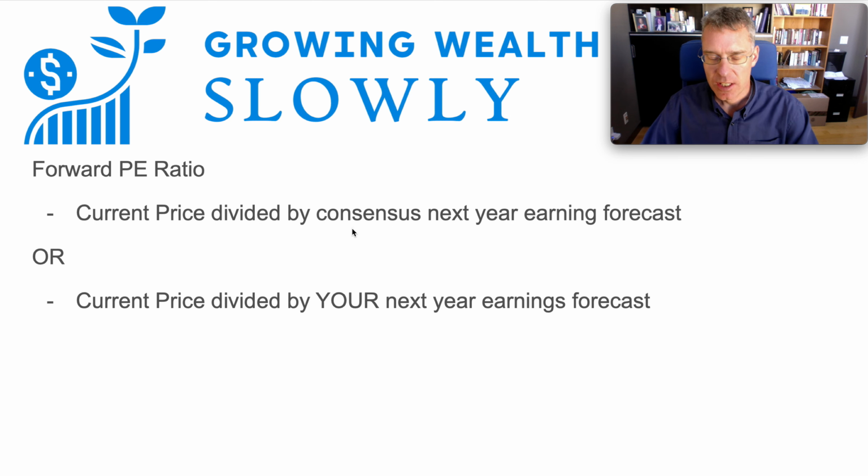I would suggest as you get more sophisticated, you look at the forward. You can go to sources like Yahoo Finance and look up analyst consensus forward earnings, or ideally you start building your own models and estimates and really look for companies that you think are going to have a greater forecast than what the analysts are suggesting. That's what's really going to drive a stock up.